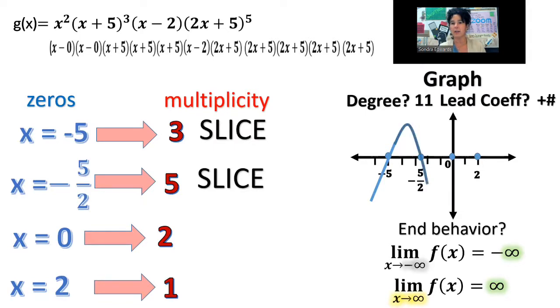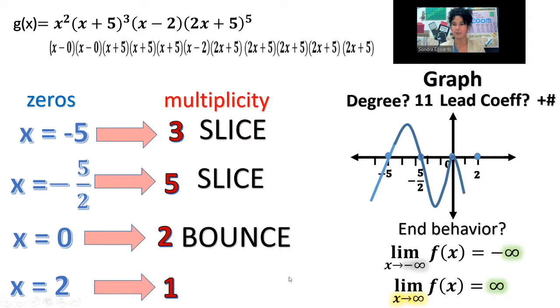So bringing that around, slicing through, and then we're going to have to get to this x-intercept, so we're going to turn this around and head up. However, the multiplicity this time is 2. So since we have an even multiplicity, this function is going to bounce off the x-axis at 0.